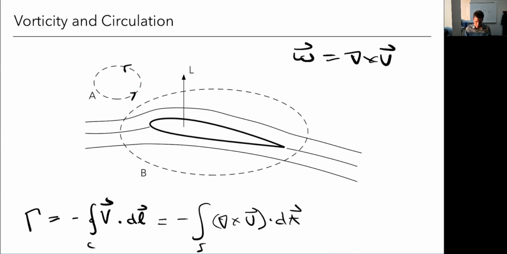Okay, so they're related, but the circulation tells me something about lift. So the circulation in this contour is 0, whereas the circulation that goes around this airfoil is directly proportional to the lift. At the end, we'll see exactly how it is. So anything that is not encompassing that is going to give me 0.